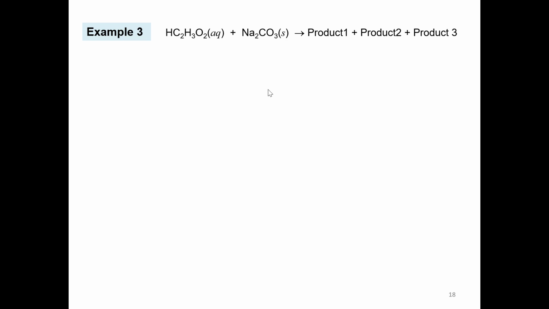In the last example, we had hydrogen acetate plus sodium carbonate, and we want to know if these two compounds react, what will be the products we will have. Then, according to this problem, we must have three different products.